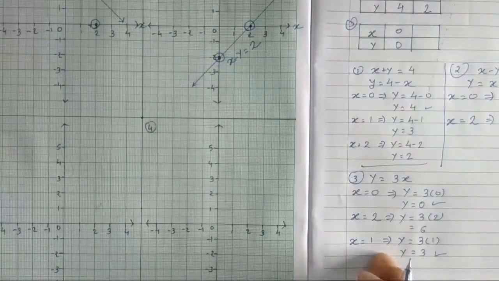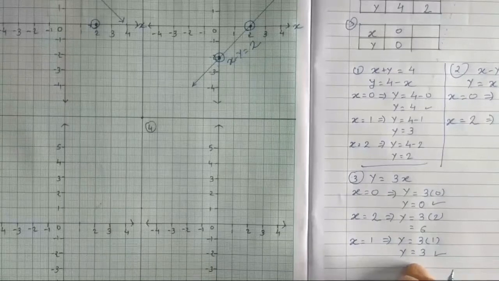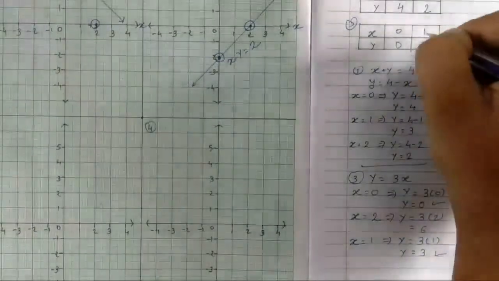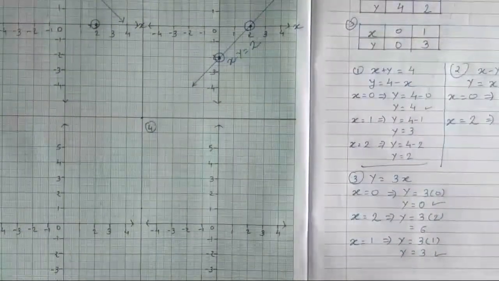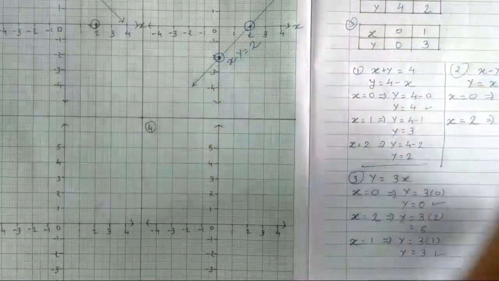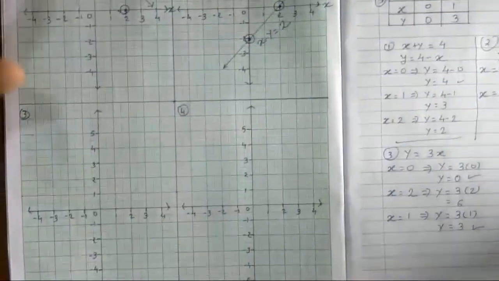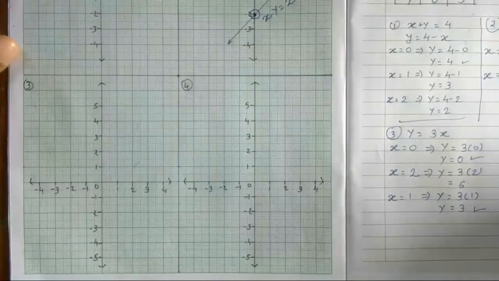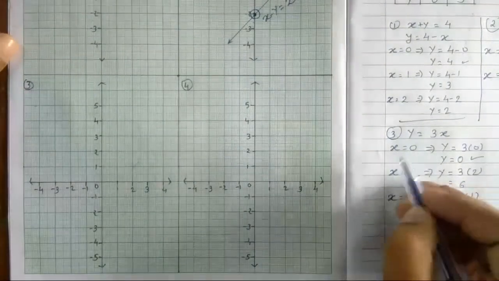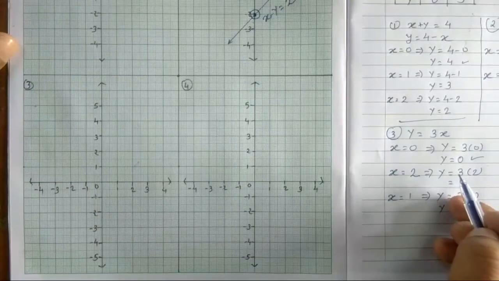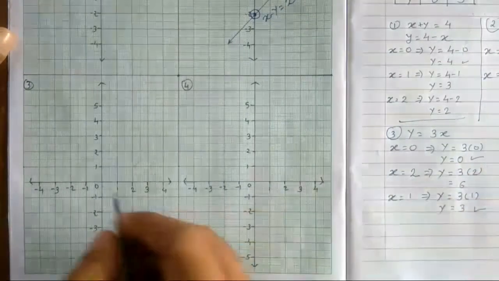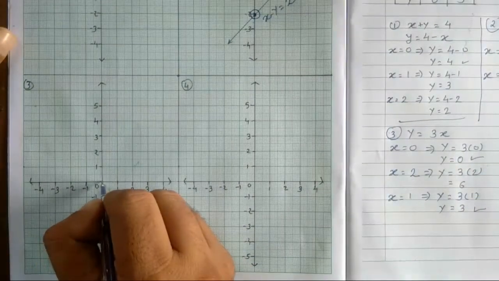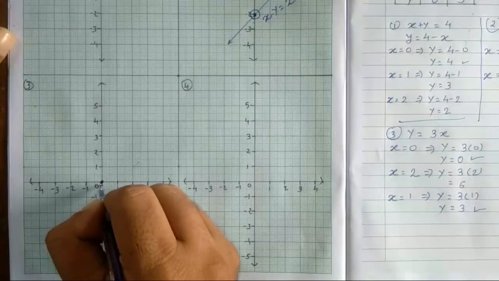Now when x is equal to 1, at that time the value of y is equal to 3. So by using these coordinates we can draw our third graph. First, when x is equal to 0, y is equal to 0. So easy, x and y both are 0, so it's our origin O.